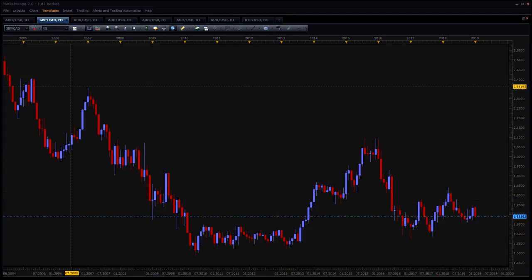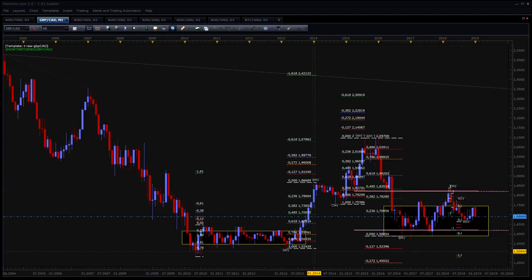Apply template. This is Pound Canadian. Right, so it broke a downtrend line, an inner downtrend line.